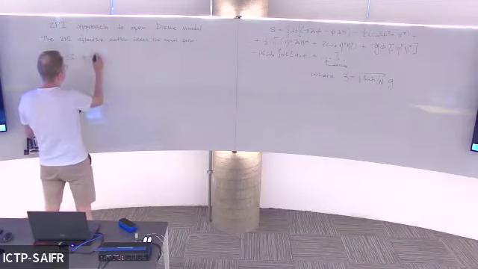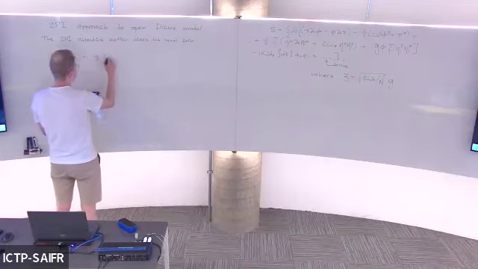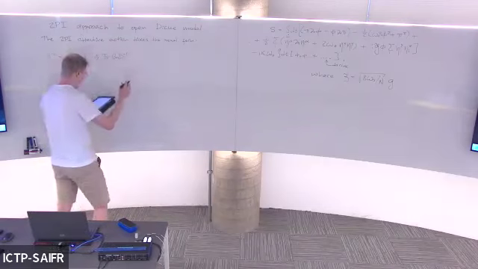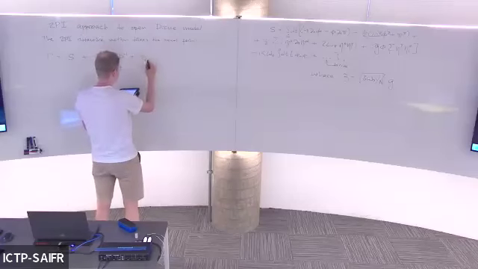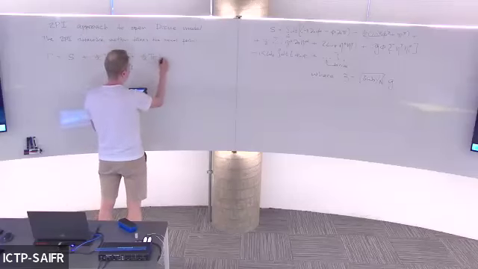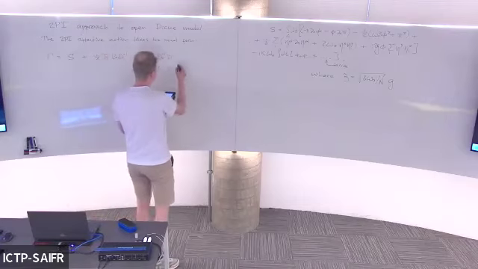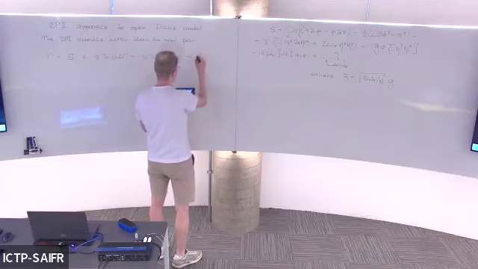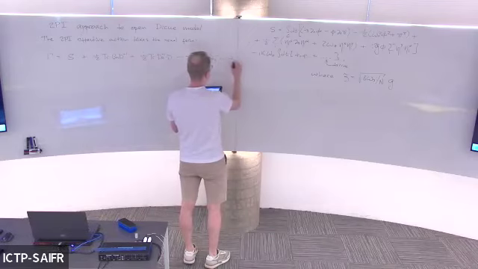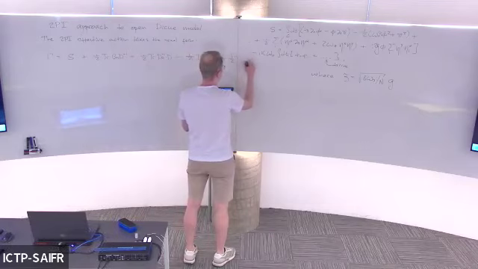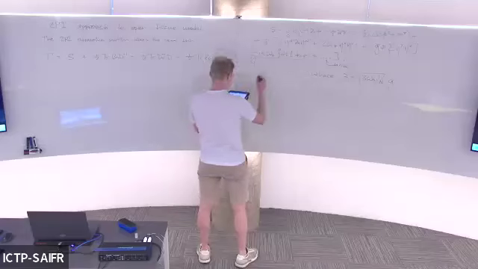Then it has these terms, and I'll explain in a second what D and what G are, plus gamma.